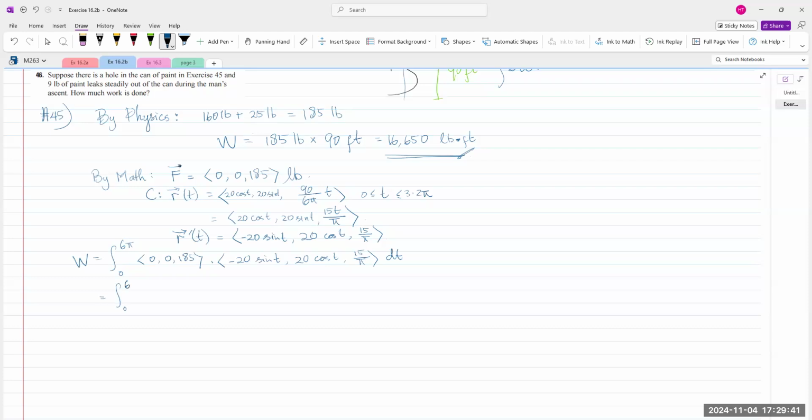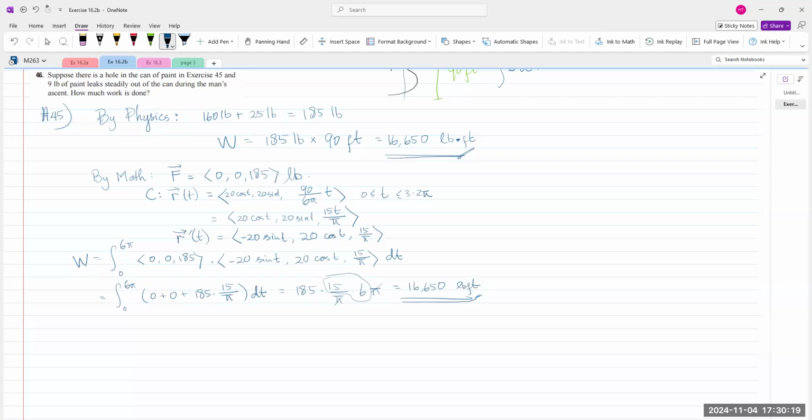That will be 0 plus 0 plus 185 times 15 over pi dt, which equals 185 times 15 over pi times 6 pi. The pi cancels, this becomes 90, so 185 times 90, that's 16,650 foot-pounds or pound-feet.